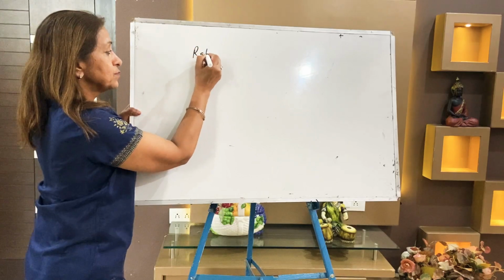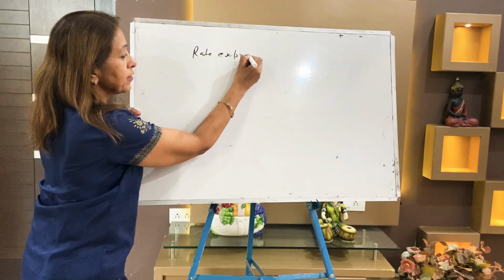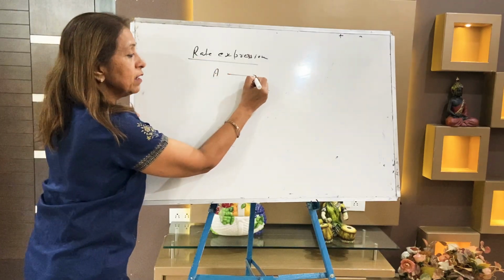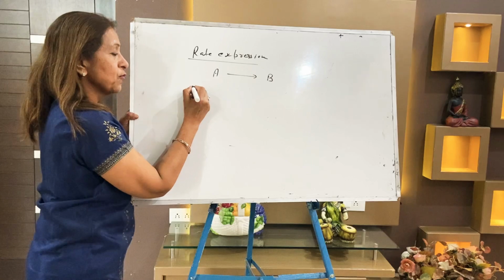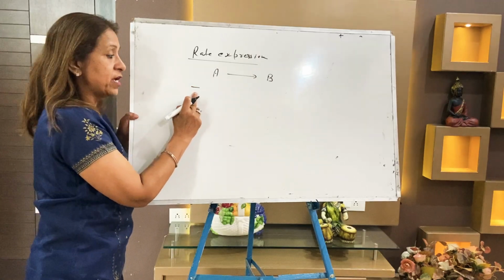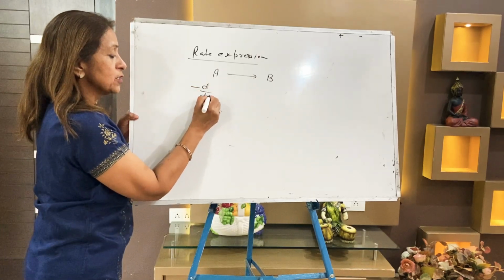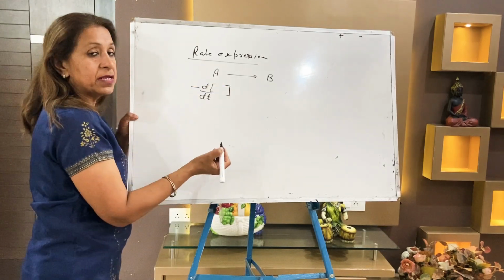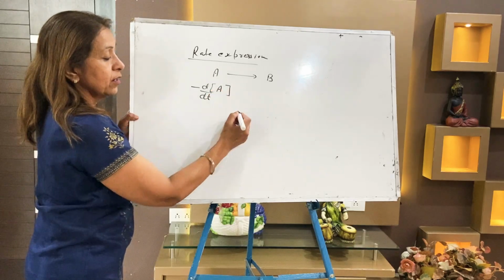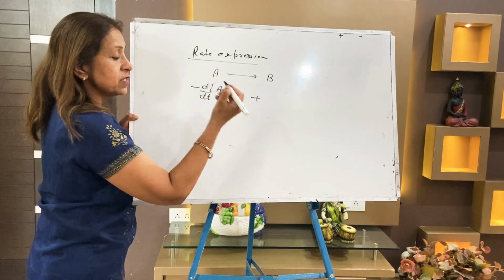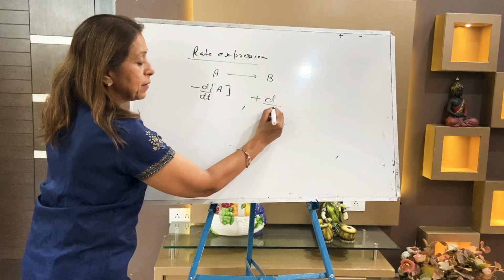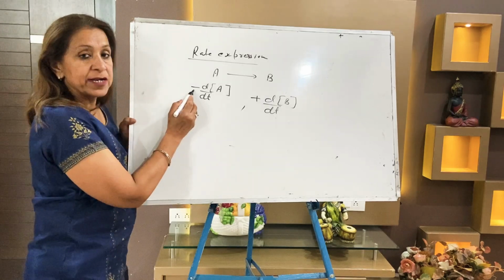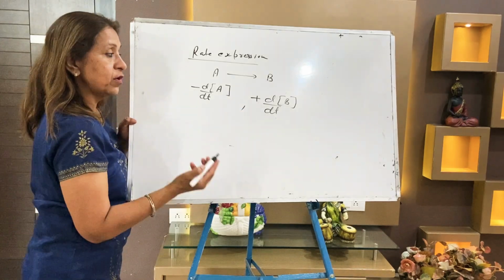I am taking a general reaction: A arrow B. The rate is written with minus for the reactant, minus d by dt of the concentration of reactant A, comma, plus d by dt of B, B being the product. Minus stands for decrease and plus stands for increase.